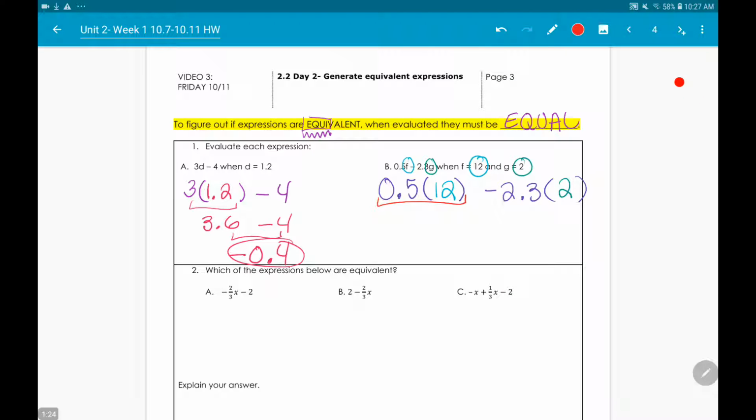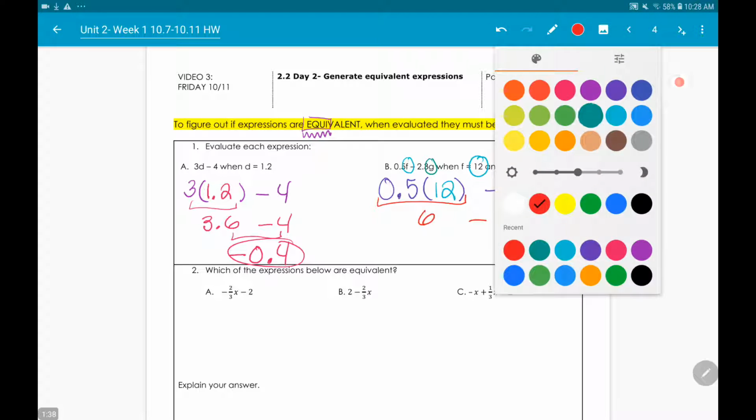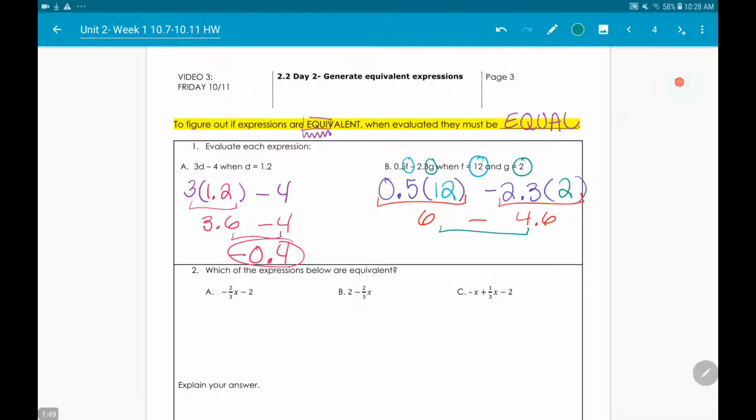All right, I do my parentheses first. And now I'm going to go ahead and do my subtraction. And that gets me 1.4.